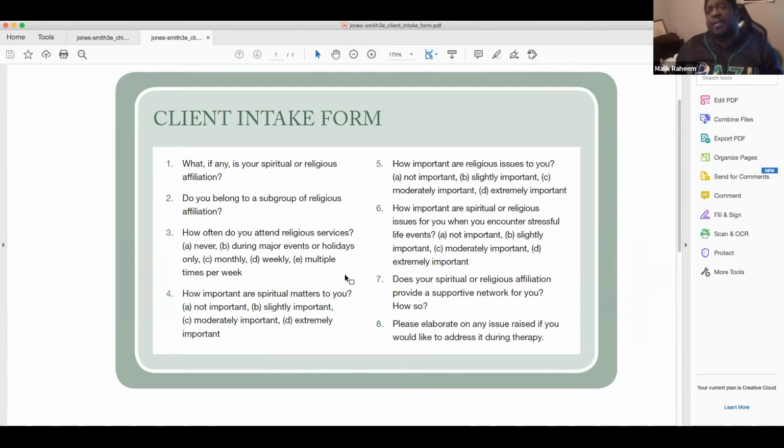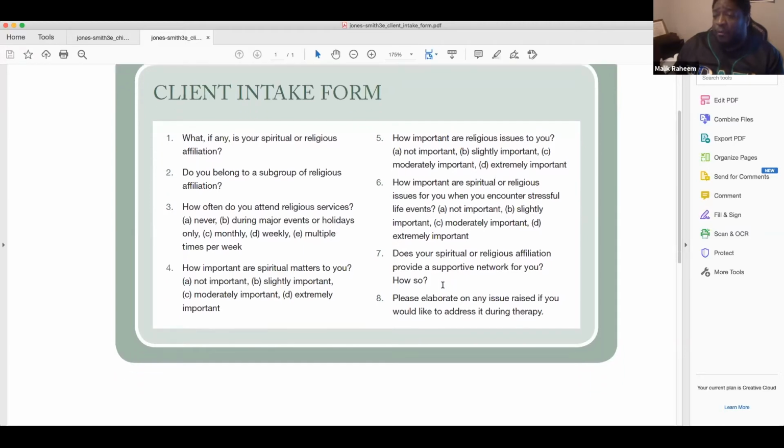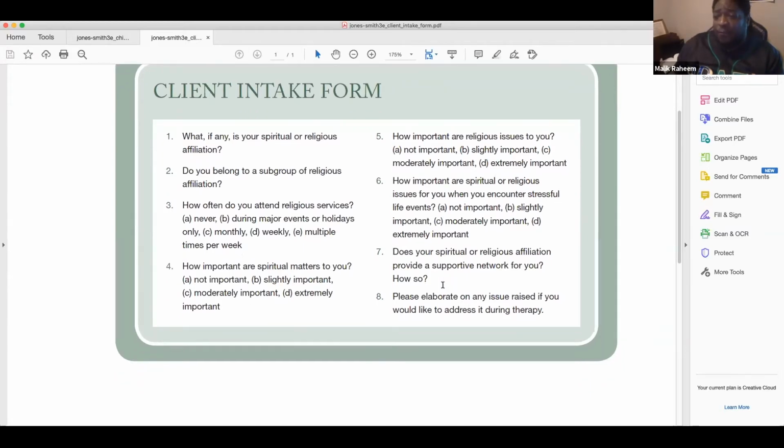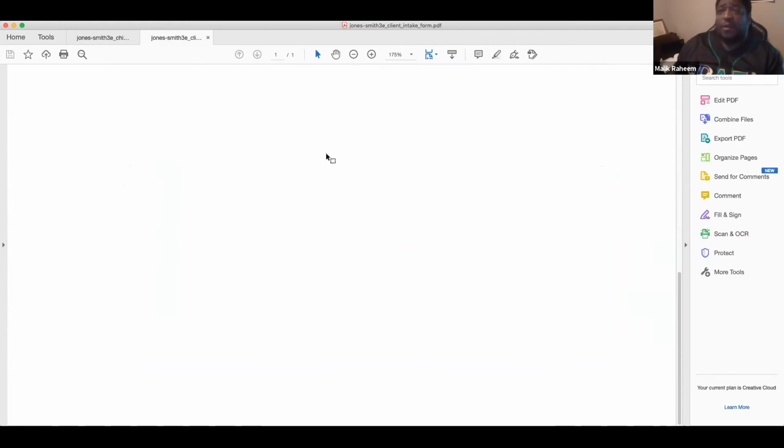They help a client to be resilient, so you can use these things as strengths for the client. You can also look at what might be causing other issues like depression or a crisis in faith and different things like that. So you see, does your spiritual or religious affiliation provide a supportive network for you? Those are the kind of things that you're going to be looking for.